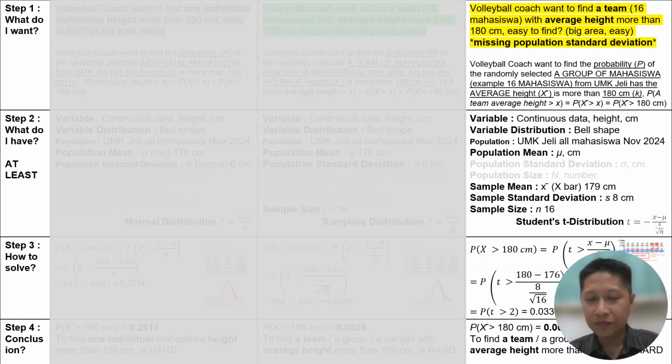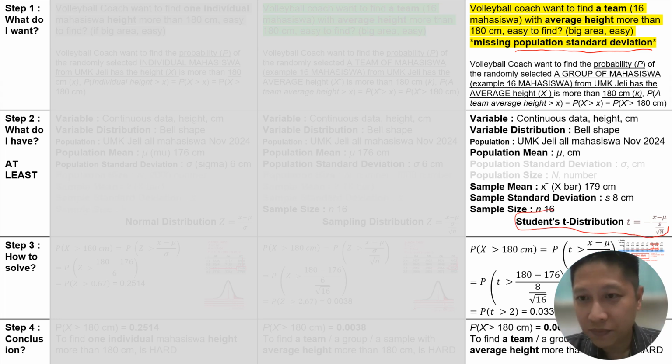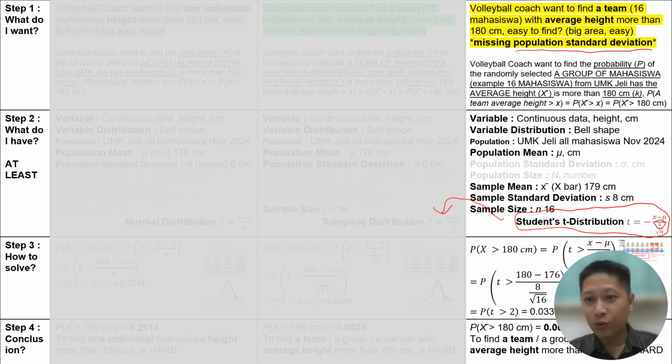Case number 3 is the same as the green color case number 2 just now, except that we don't have the population standard deviation. In this case, we're going to use the student t-distribution formula. This formula is quite similar to the sampling distribution formula, except that now we replace the population standard deviation with the sample standard deviation.